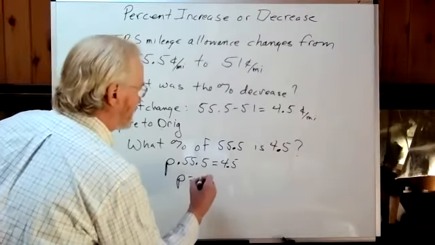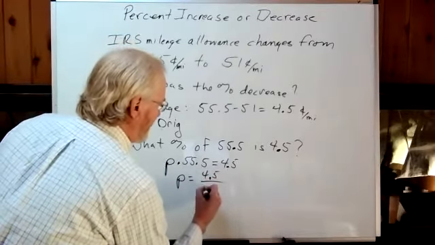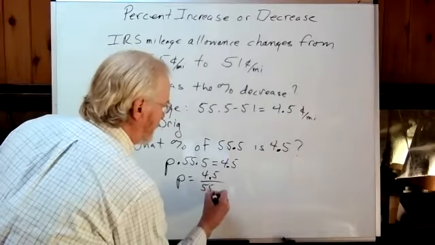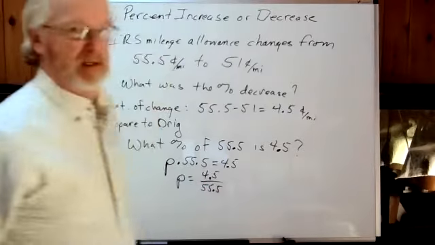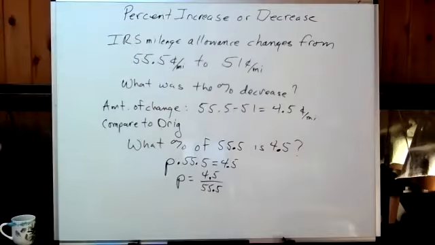You round it correctly is what I'm saying. 4.5 divided by 55.5. This will probably work out even and mess me up. Come up with your decimal, round it, turn it to percent, and round it correctly. Oh, that's one of those weird patterns. I got a repeating decimal.